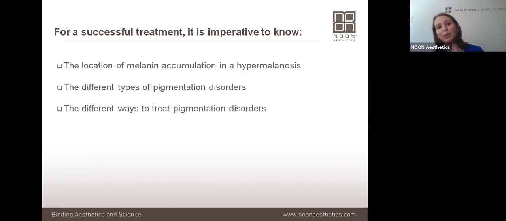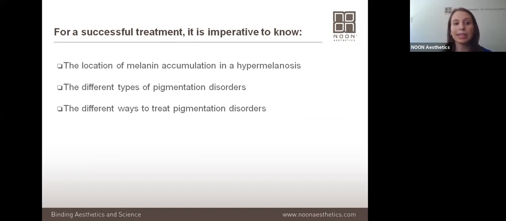So if I would like to sum it all up in 3 sentences, the successful treatment will be knowing and understanding these 3 main issues.